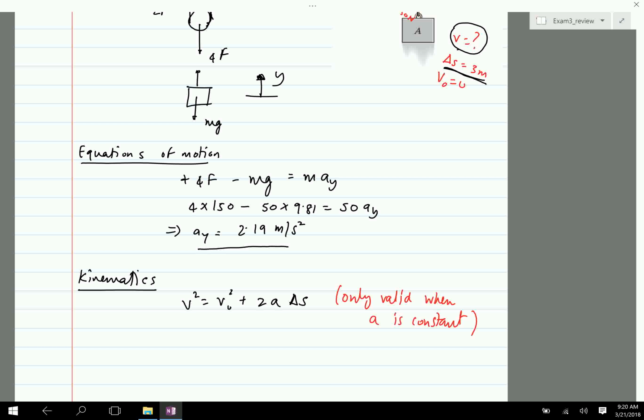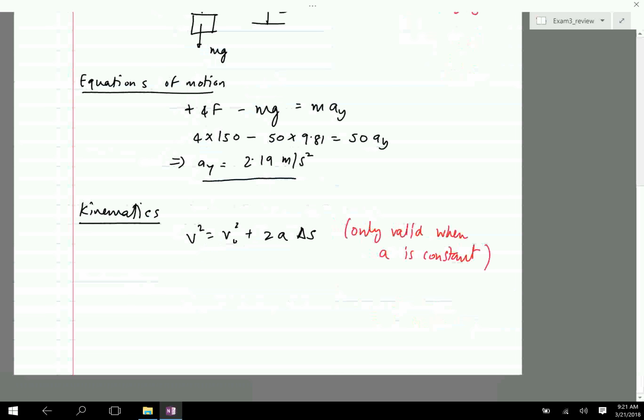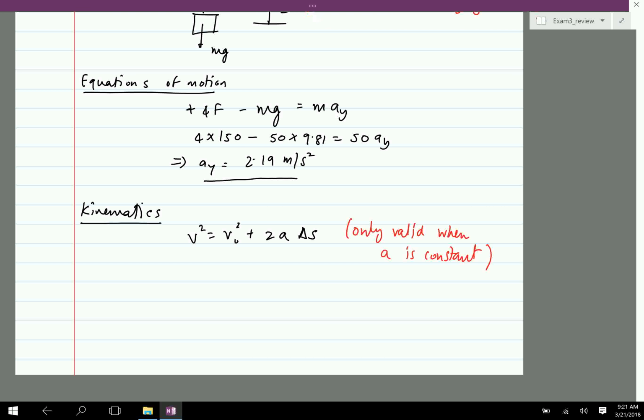It won't be a constant, in which case you should not use this equation. This equation is only valid when acceleration a is a constant. If F was a function of time, this would be a function of time, and you cannot use this equation. You'd have to use first principles, you'd have to use calculus. The formula is v dv ds equals a. Let me put that out a little bit later. Let me finish this first.